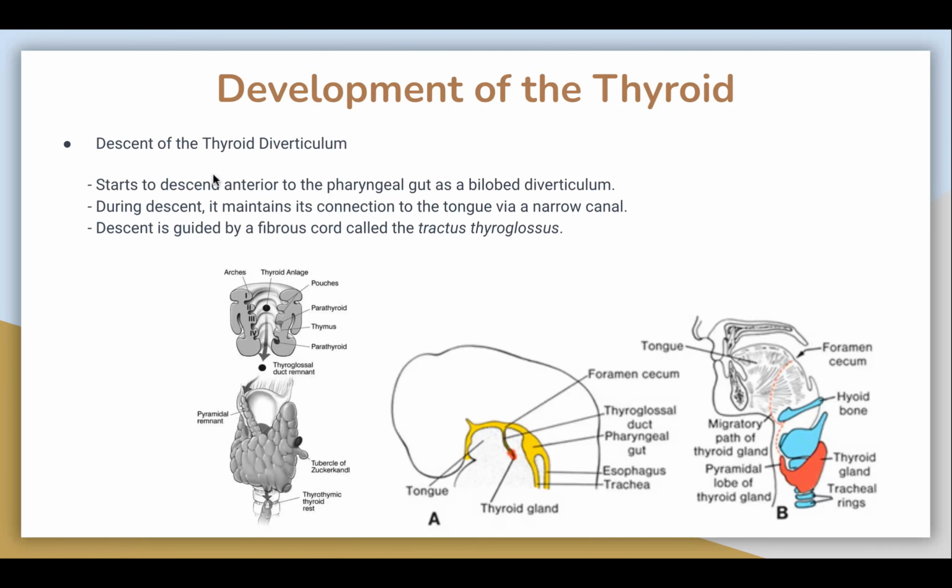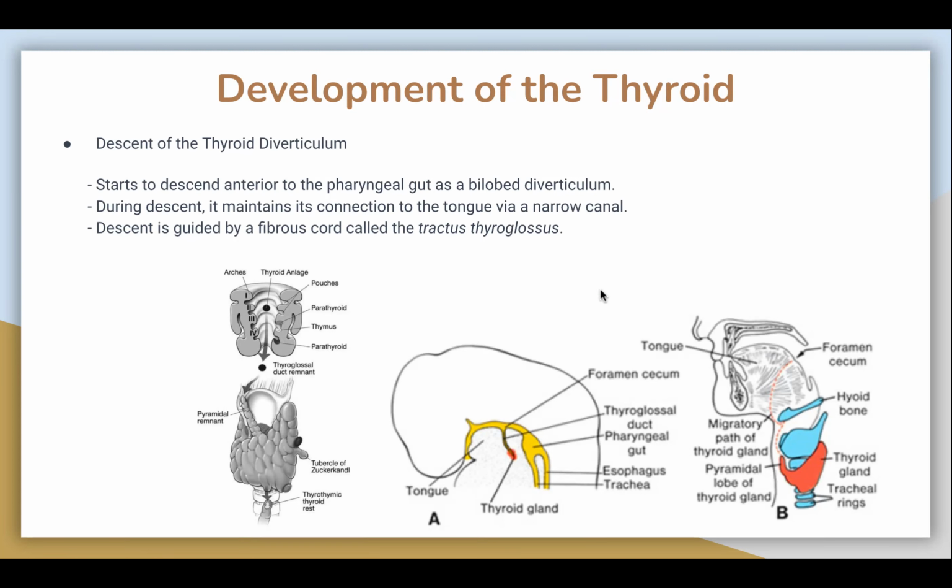Important to note that from the base of the tongue all the way to the anterior neck, the thyroid gland during embryonic development actually descends. It starts to descend in the anterior of the pharyngeal gut as a bilobed diverticulum, and during descent, it maintains the connection to the tongue via a narrow canal.